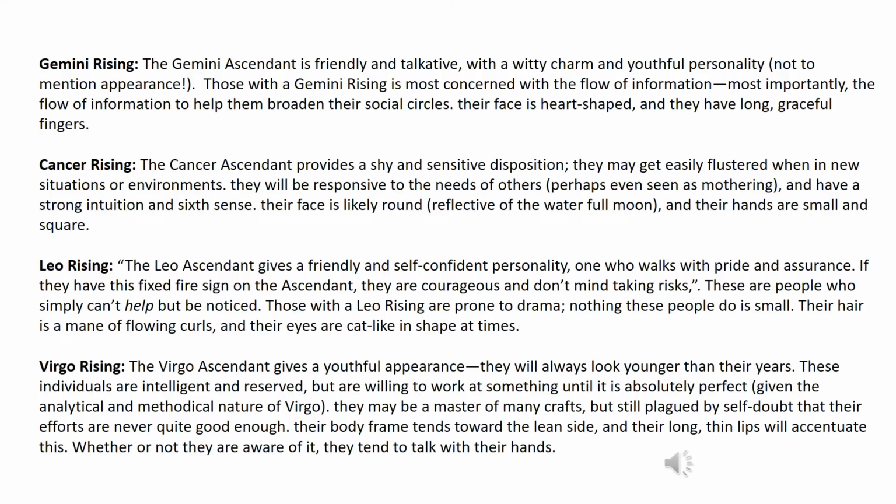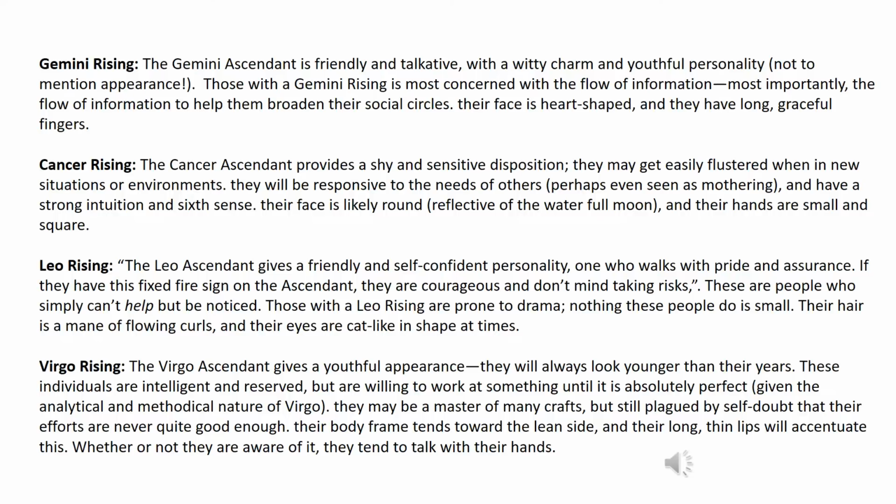So the Virgo can tend to be a little bit critical in terms of how other people look and how they look. But then a Virgo ascendant gives the ability to learn about yourself through helping other people.